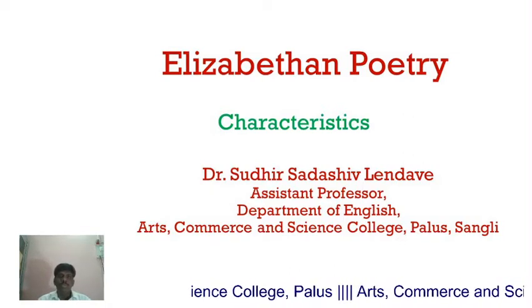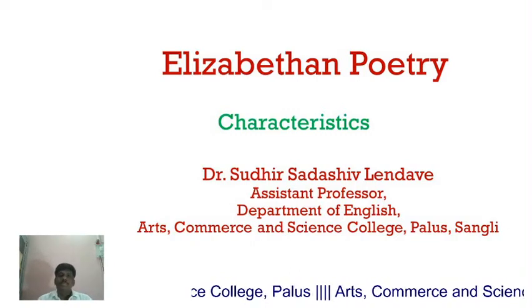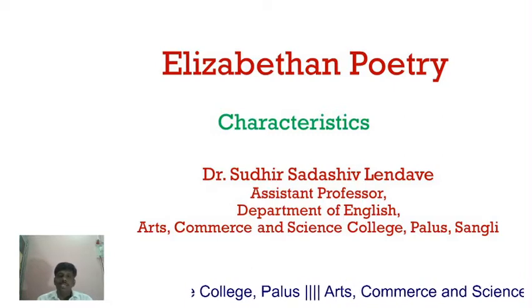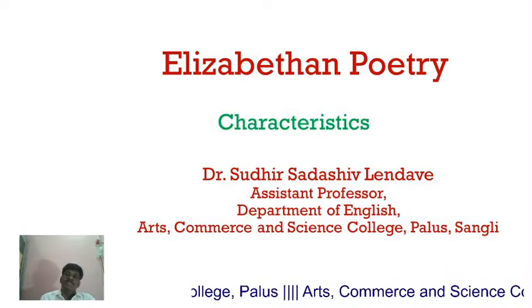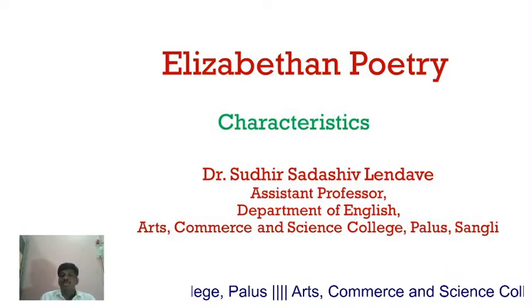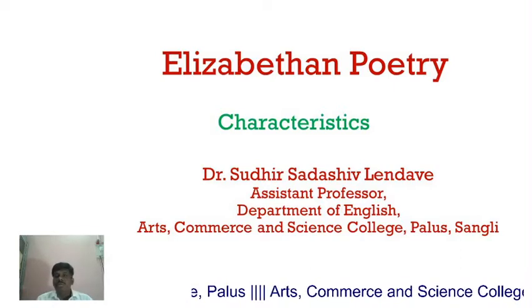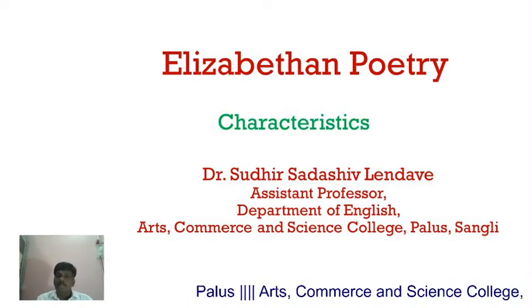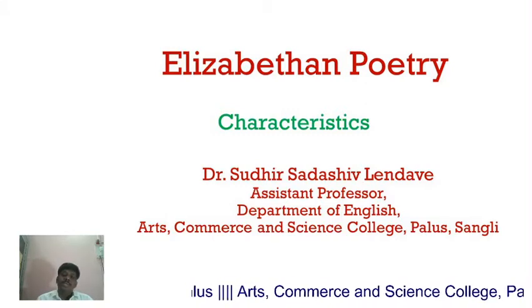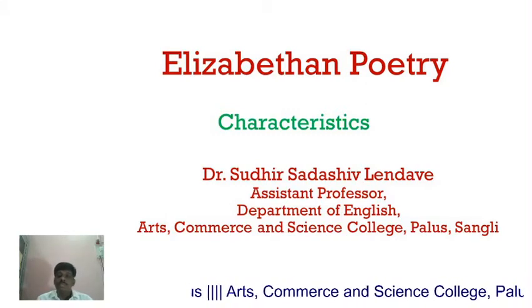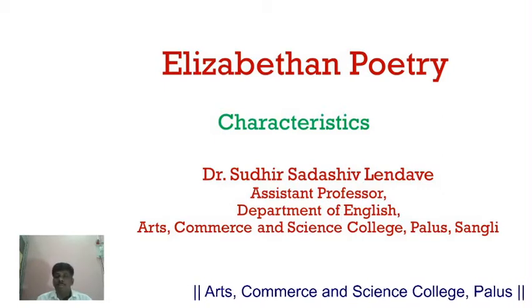We also saw, when discussing the characteristic features of the Elizabethan period, that this is the period known as the English Renaissance. So this spirit of Renaissance influenced the creativity of this period a lot. These people started exploring the classical texts in their poetry.